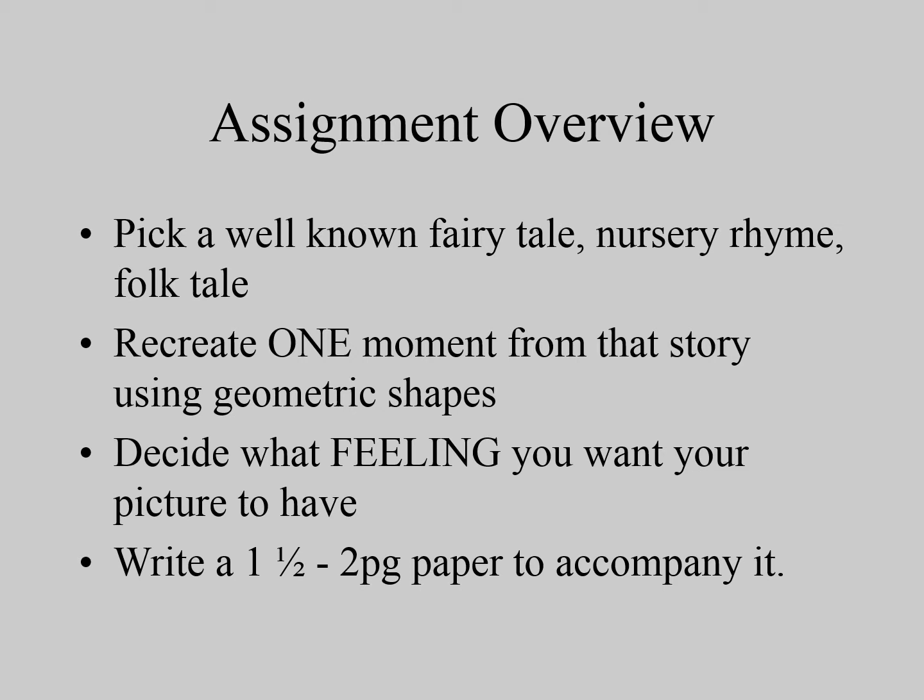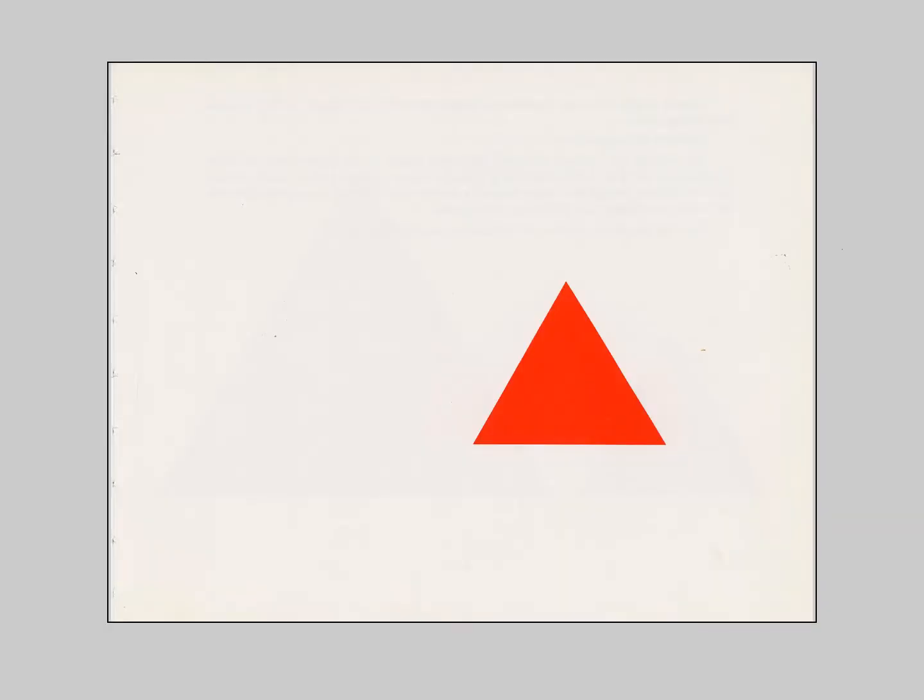That's really going to impact the way that you create your picture, so you need to have a really clear idea from the very beginning. And then after you've created your picture, you're going to write a 1.5 to 2 page paper to accompany it. And it's going to tell you in part 2 on this assignment at the bottom exactly what is expected to go into that essay.